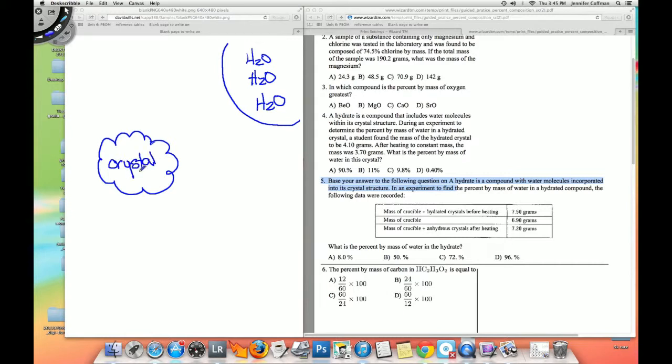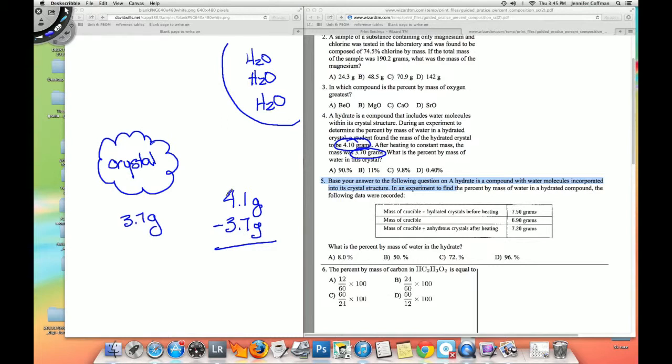Before, we had the crystal with all the water molecules attached to it, and it weighed 4.1 grams. Now, after we heat it to a constant mass, we've got the crystal weighing 3.7 grams.